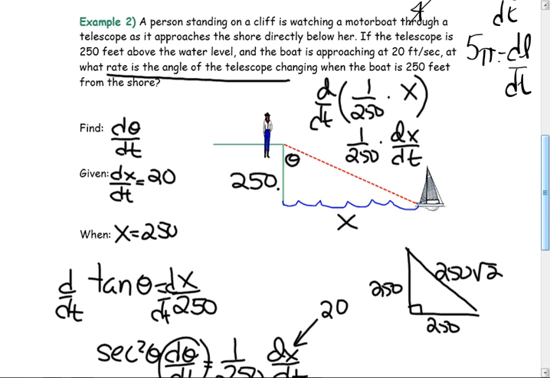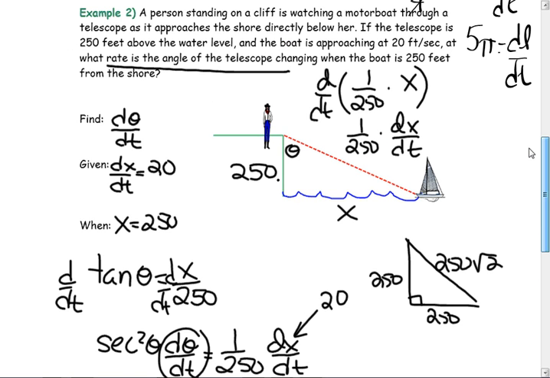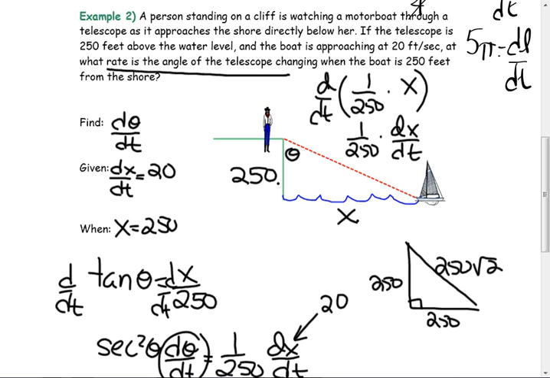How about any questions on the algebra assignment that I'm going to come around and mark off that you did? 1/25. Because the tangent of this angle is x over 250.